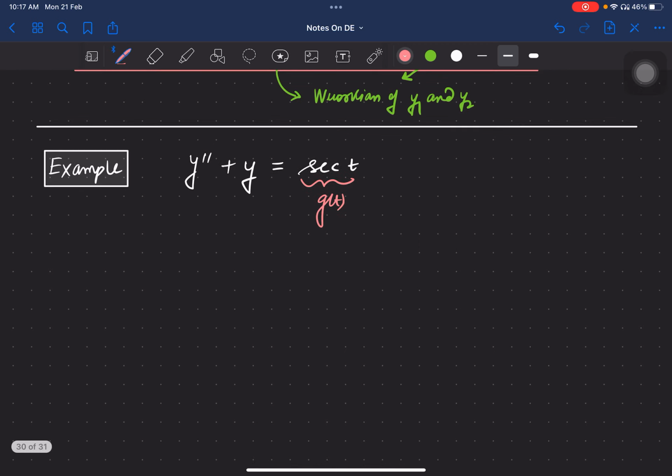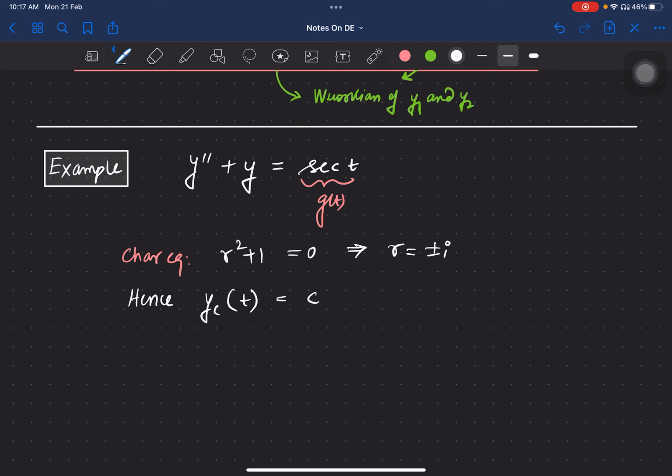The characteristic equation of the homogeneous part is r square plus 1 equal to 0, and we know the roots are plus minus i. Hence the solution of the homogeneous part is c1 cos t plus c2 sin t.